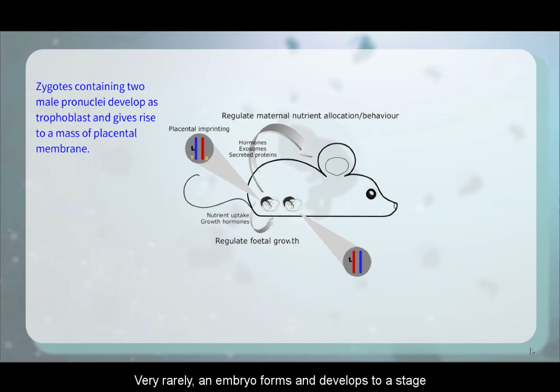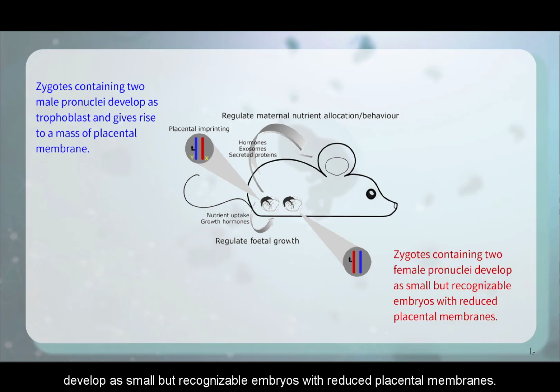Very rarely, an embryo forms and develops to a stage comparable to approximately a 3-week stage of human development. In contrast, zygotes containing two female pronuclei develop as small but recognizable embryos with reduced placental membranes.